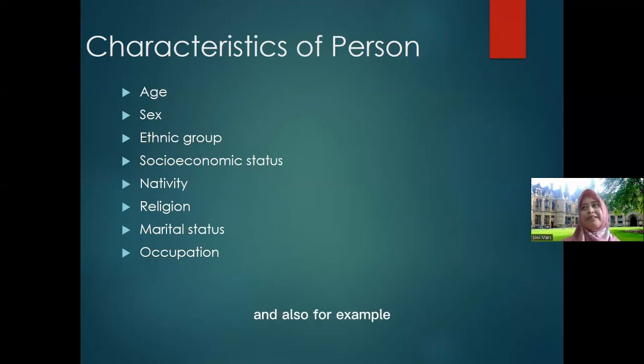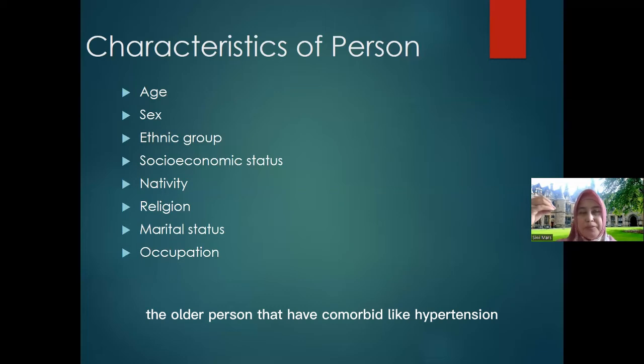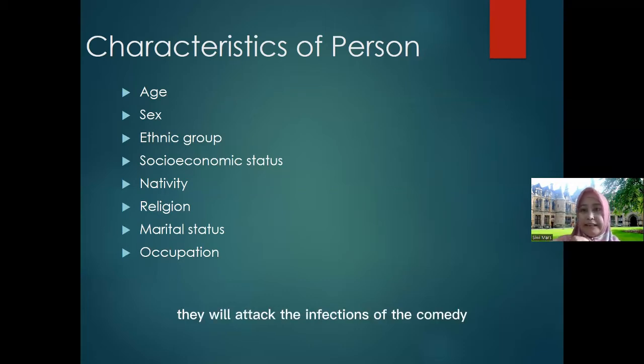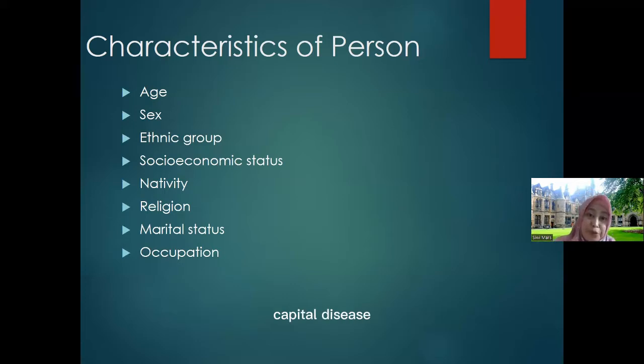And for example, older persons who have comorbidities like hypertension, diabetes mellitus, and other chronic diseases will have lower immunity status compared to adults or young persons who are still active and have good immunity. They will be more susceptible to infections, for example communicable diseases.